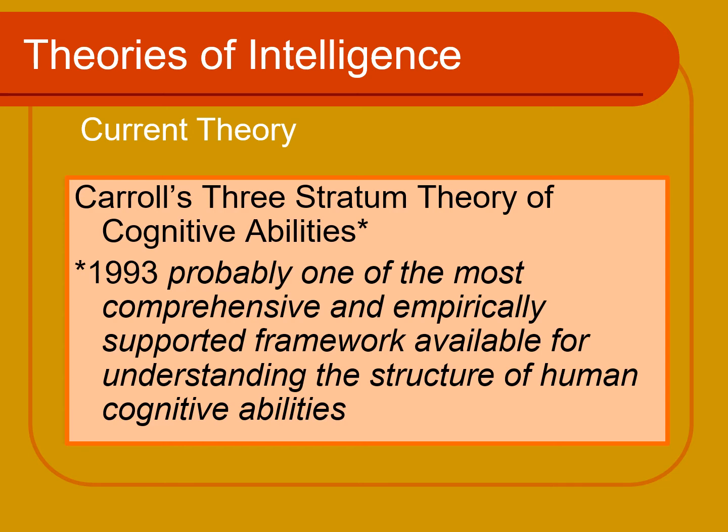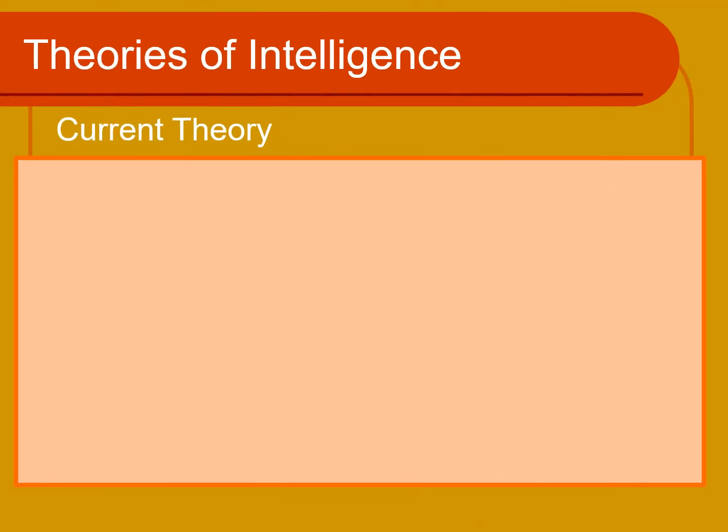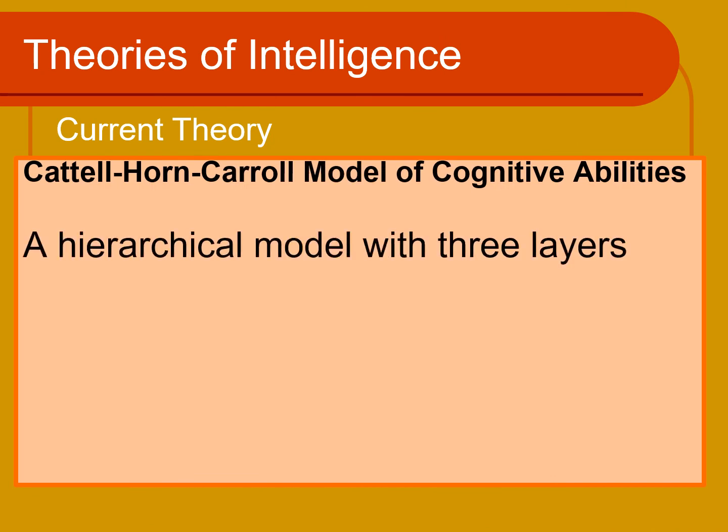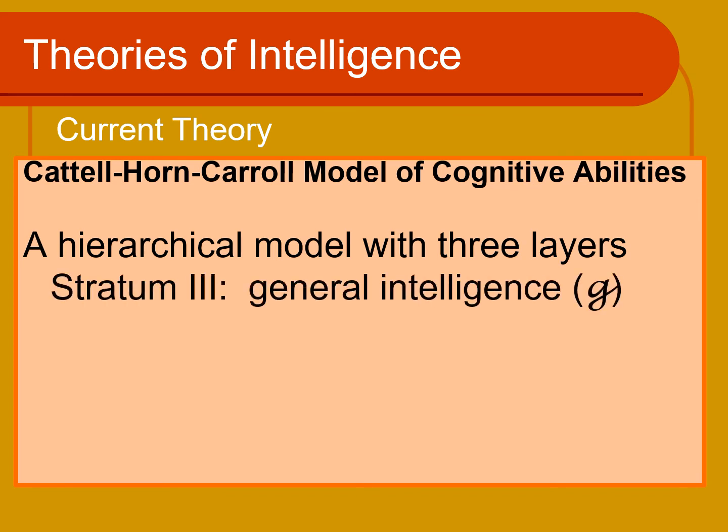What does this look like? Carroll felt that his research strongly, unequivocally, supported the existence of a general factor of intelligence. He took the Cattell-Horn theory and he adds G to it.